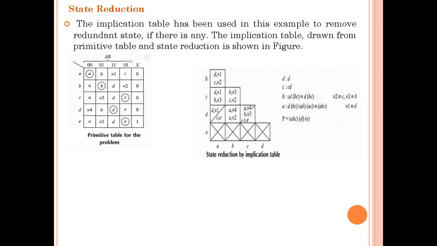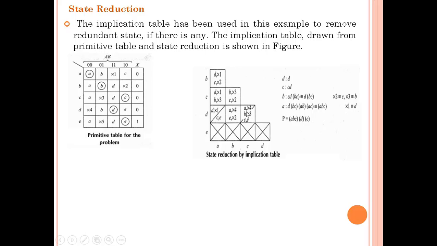Since the E state cannot be equivalent with any of A, B, C and D, we put a double cross right in the beginning for row E of the implication table. Now, since C cannot be equal to E, this condition cannot be taken. This condition cannot be taken.